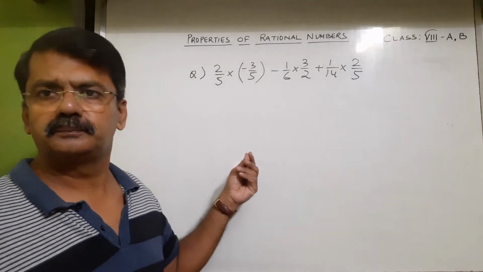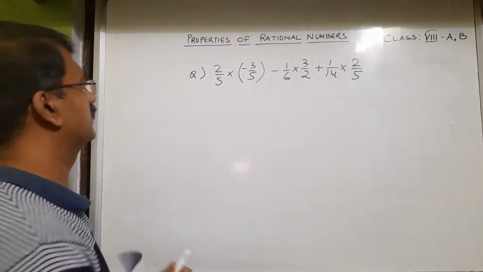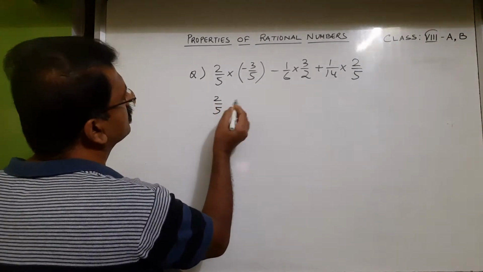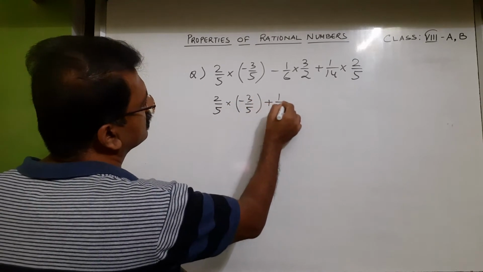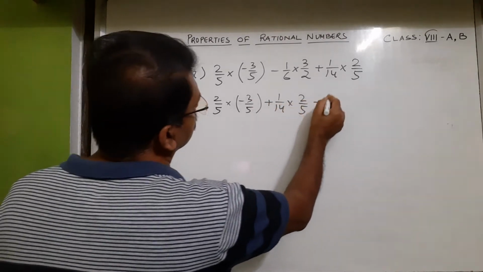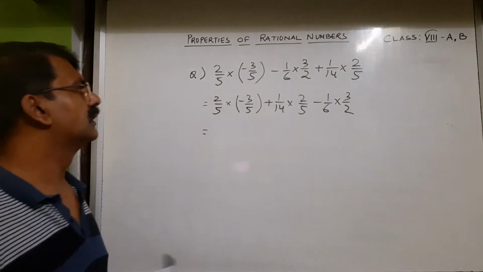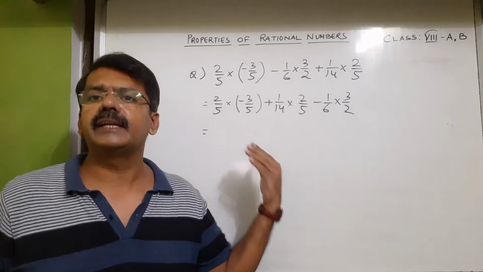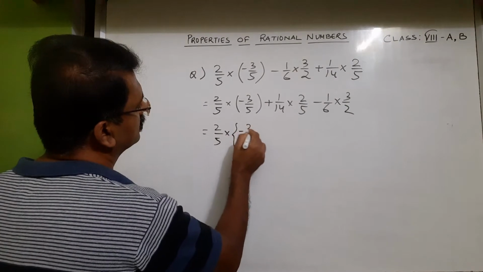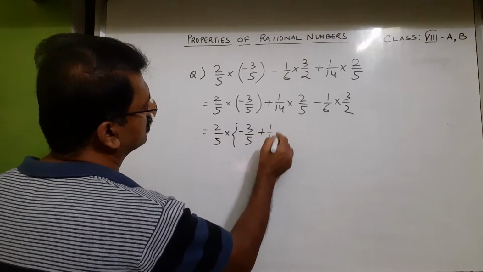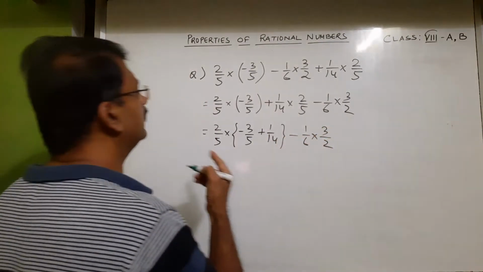So first of all, we rearrange the terms. Now you see 2 by 5 is here as well as here. So we can take 2 by 5 common, like this. So you see, this is nothing but the distributive property.